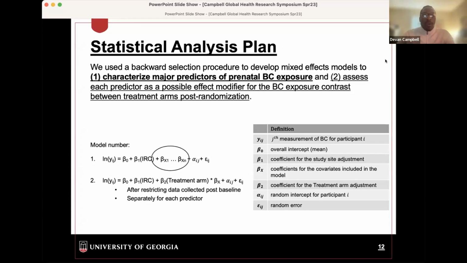For our second objective, the parameter of interest is the interaction term between the treatment arm and the covariate included in the model. We did this after restricting all of our data to that which was collected post-baseline, and we did this separately for each of our predictors.